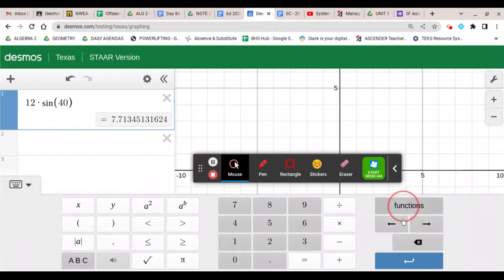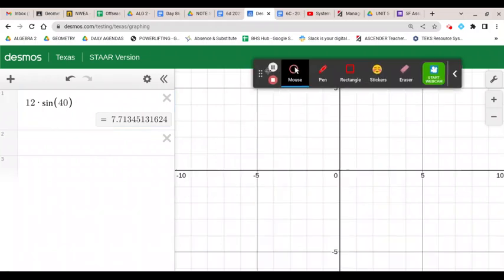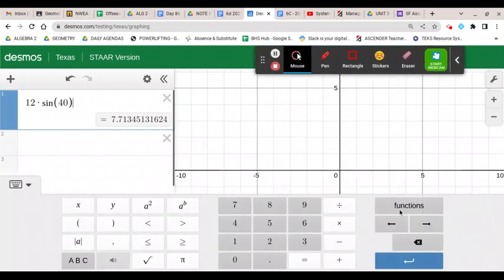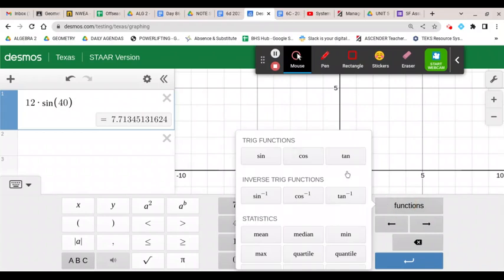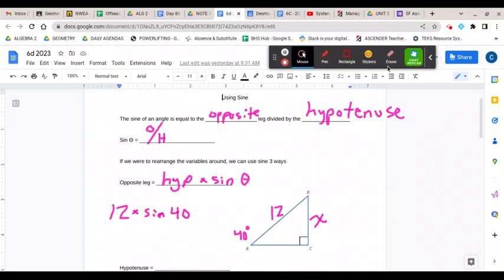If you want the sine function, it's in the functions menu, sine, cosine, tangent. But you could just type sine, which is easier. So 12 times sine 40, x is going to be equal to about 7.7.